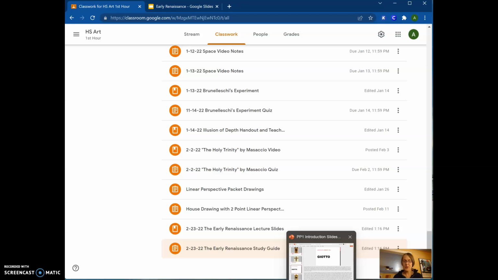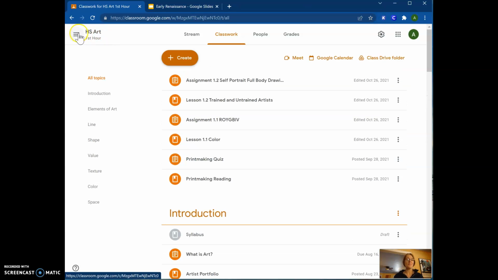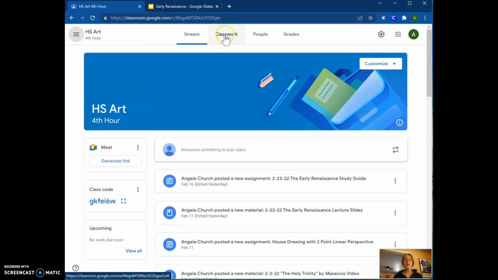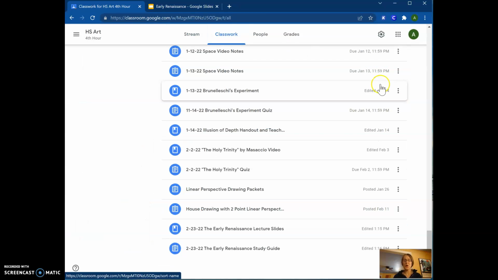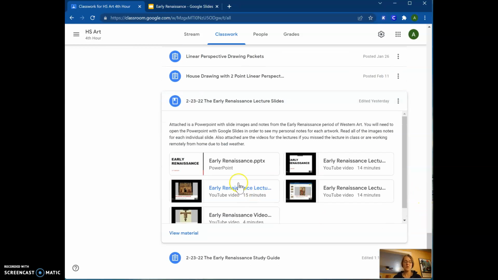about Giotto. So again, you'll need to go into Google Classroom. You'll click classwork, then you'll scroll down to the very bottom to space, and you'll click on, I'm putting these lecture slides in both the Early Renaissance lecture slide activity, so you'll see them here.